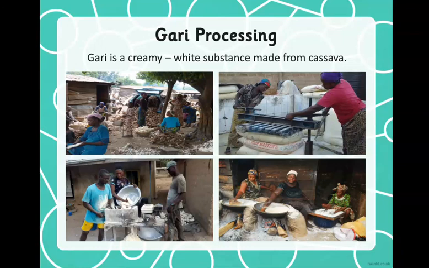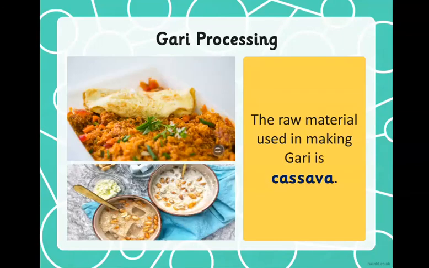The mashed cassava paste is then sieved and fried to come out as the garri we all know. The raw material used in making garri is cassava.